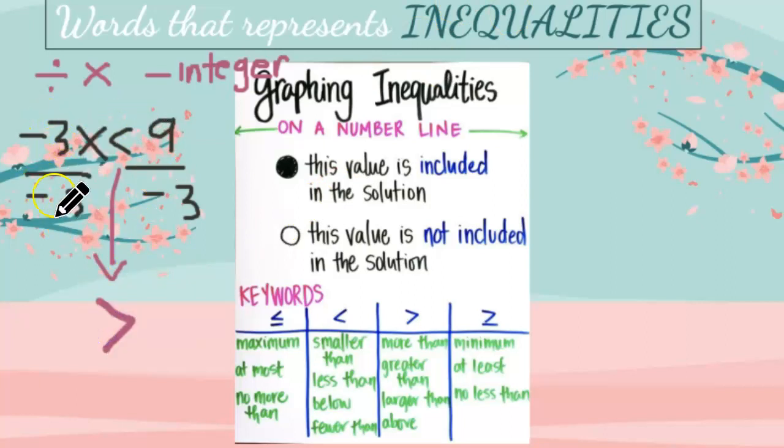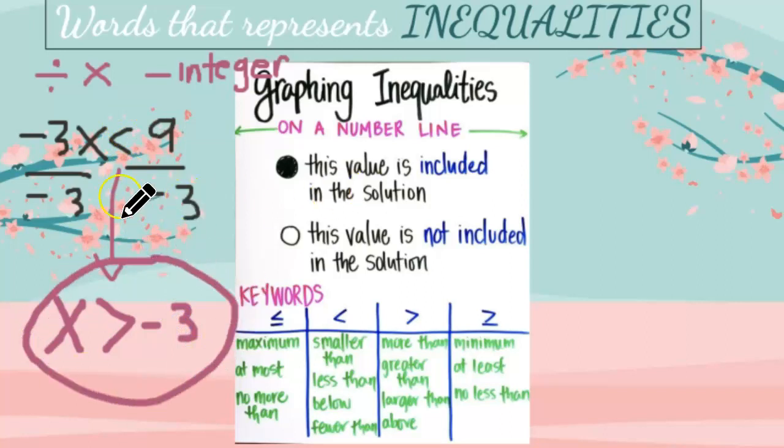Then -3 divided by -3 is 1, so we have 1x, and 9 divided by -3 is -3. So we change the relationship in that inequality when we divide or multiply.